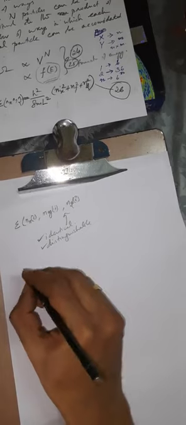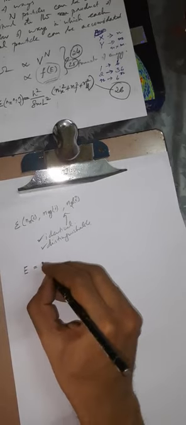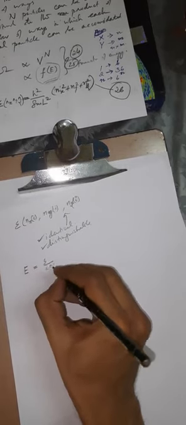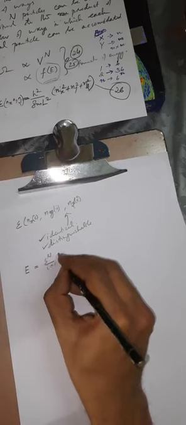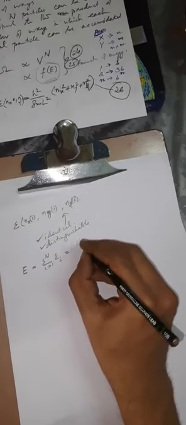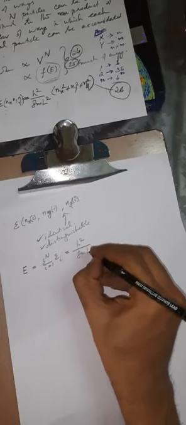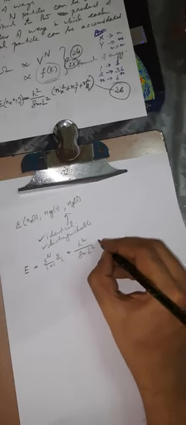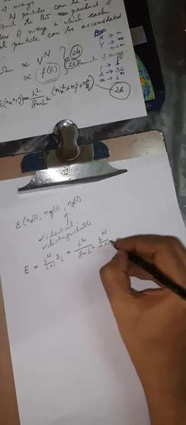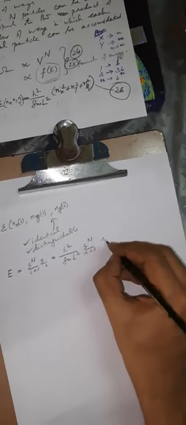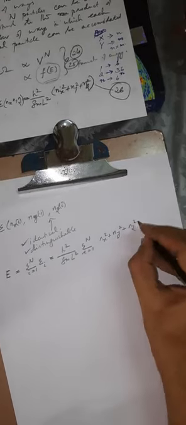The total energy E can be written as the sum over i equal to 1 to n of E_i, which is equal to h squared by 8 m l squared, sum over i equal to 1 to n of nx squared plus ny squared plus nz squared, right?